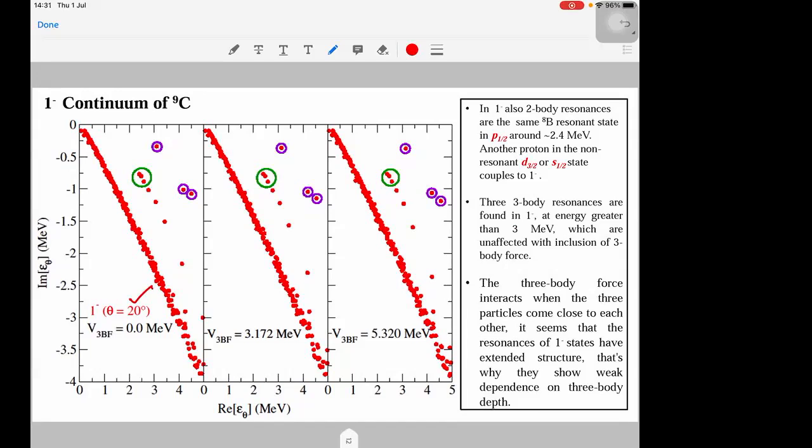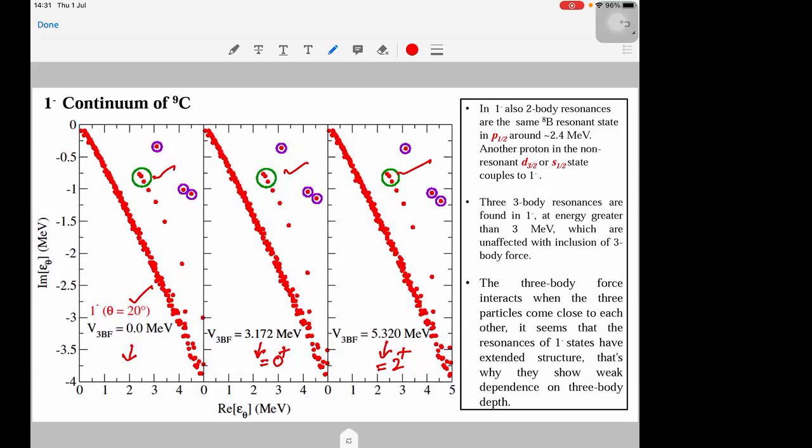On moving from no three body force, meaning when three body force is 0, to the three body force equal to the ground state three body force, and then the three body force strength equal to the one fixed for first excited state. So if we see green circles, these are again two body resonances which are unaffected by the change in three body force strength.